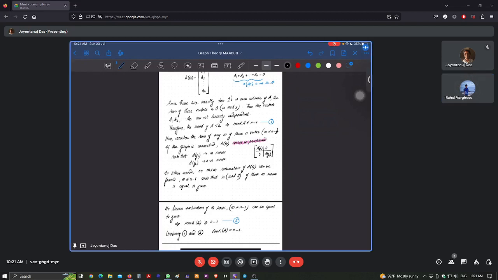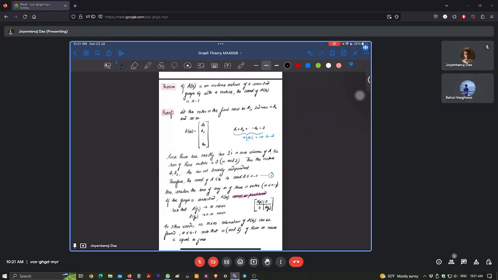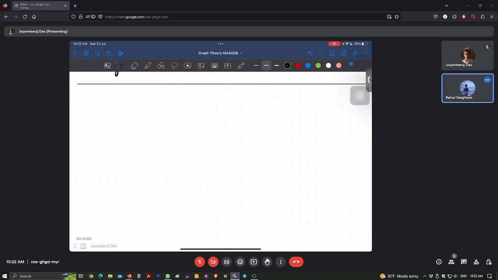Okay, so if you remember, in the statement we mentioned that it is a connected graph, right? So actually we can extend the theorem: if the graph is not connected, and there are k components, then the rank will be n minus k. Let me write it down.